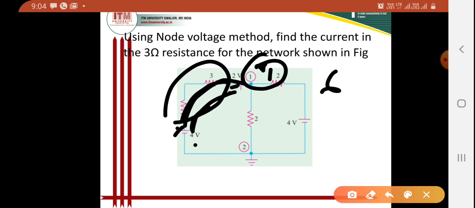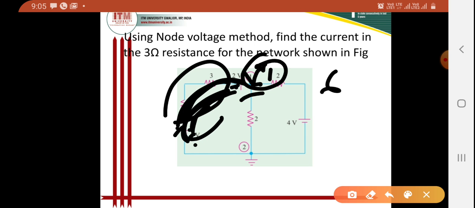The potential difference between these two is 4 plus 2, that is 6 volt, minus the node voltage V1. We have to take the difference, then only we can find the current. And the resistance between these two is 2 plus 3, which is 5.